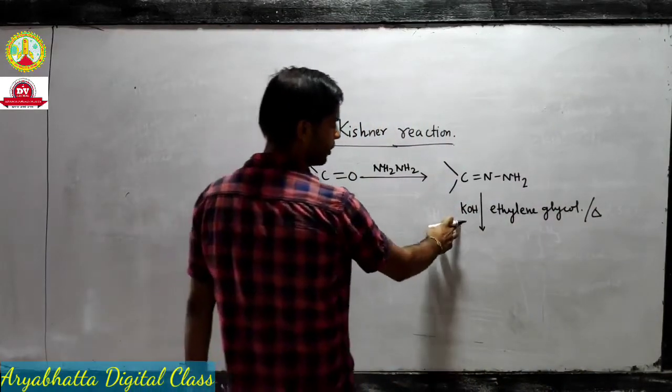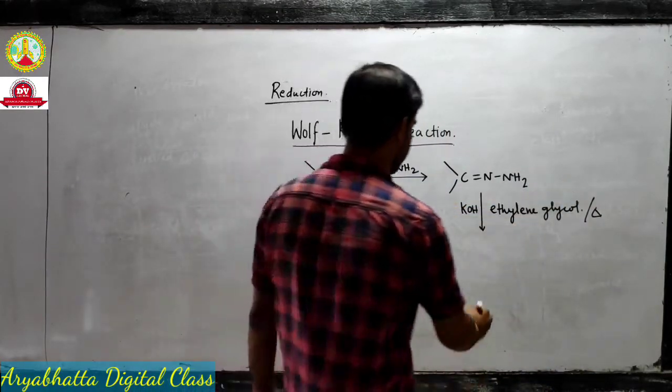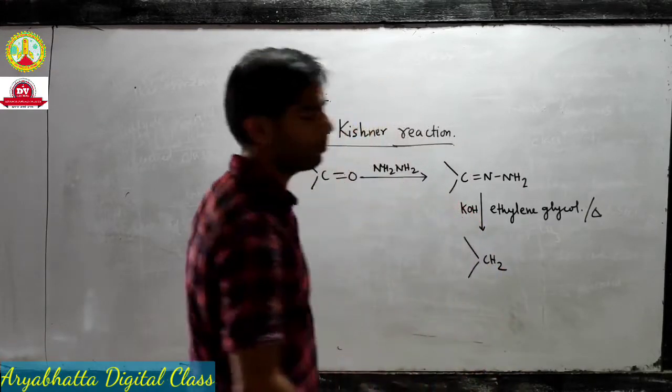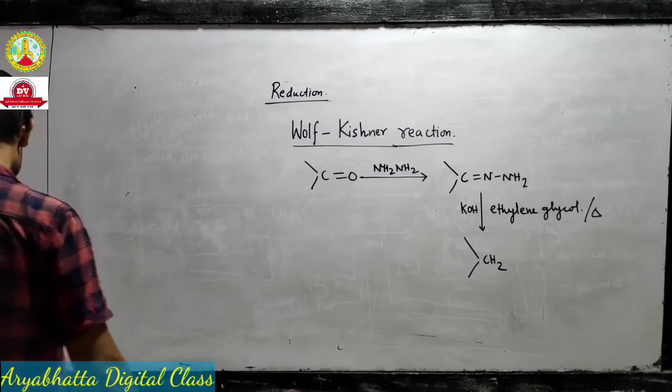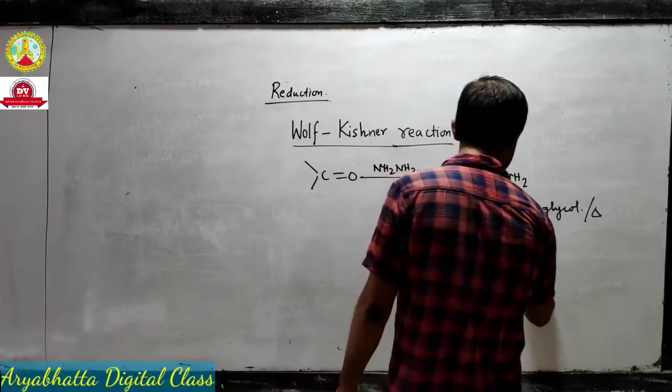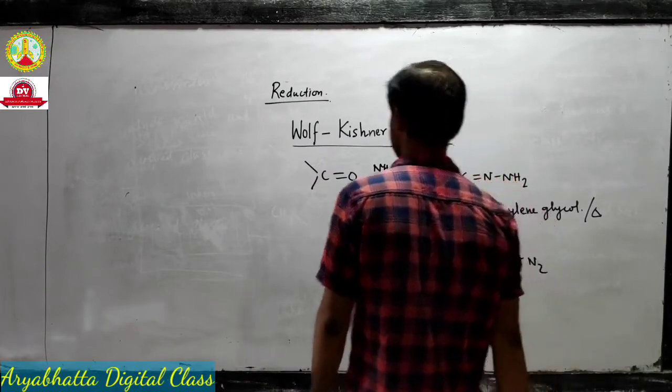That means KOH, ethylene glycol and heat, and what we will get? We will get the same product, CH2, and nitrogen will be liberated.